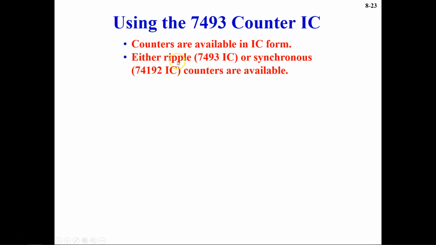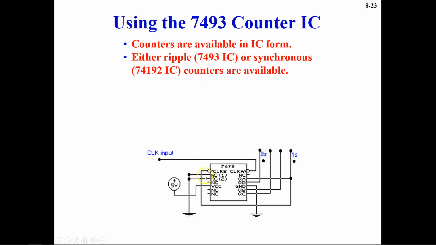They are either ripple counters, which are called asynchronous counters, and one example for that is the 7493 IC, which is an asynchronous counter, or synchronous counters, and another example is the 74192 IC counter. Here you see the 7493 IC, the asynchronous counter. It has 4 binary outputs, the input clock is going in here, and you have 5 volts power VCC going in here.